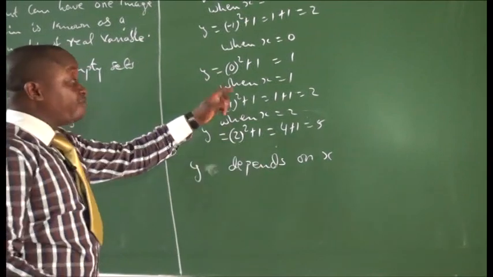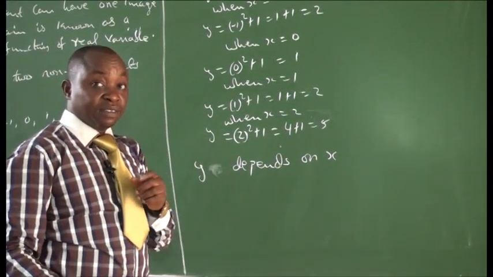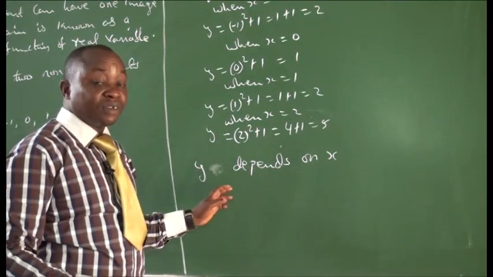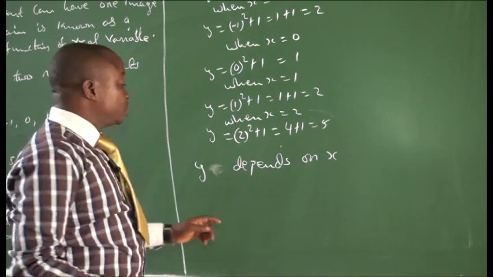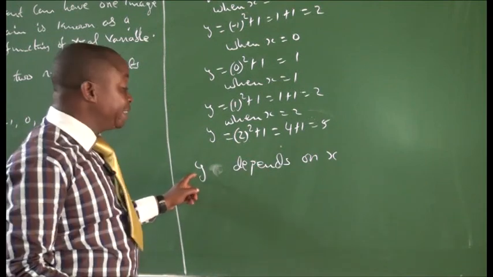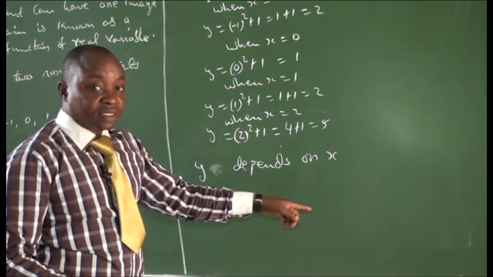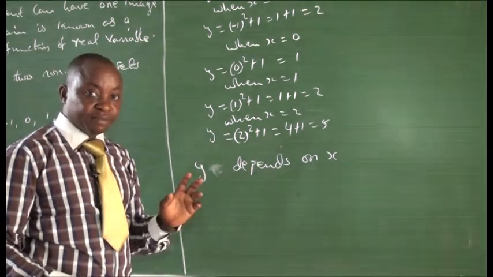That means the value of y depends on the value of x. Now here, x does not depend on y, because it is x that gives before y has a value. So we call y the dependent variable because it depends on x. We then call x the independent variable.